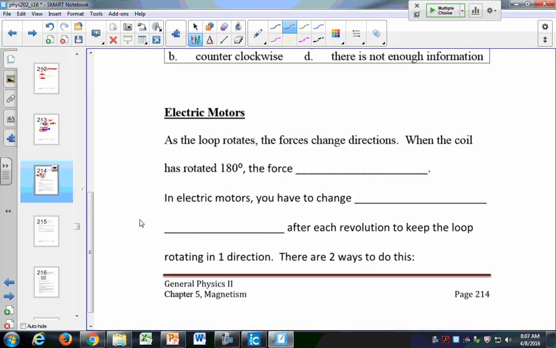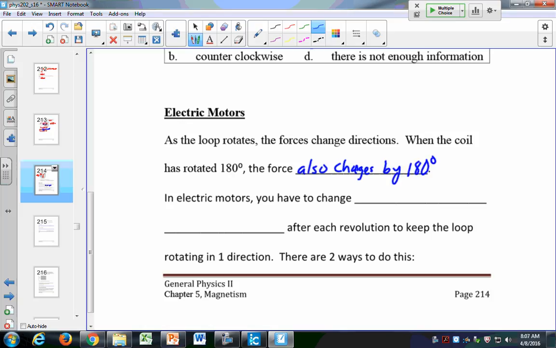So as the loop rotates, the force changes direction, and when the coil has rotated 180 degrees, the force also changes by 180 degrees. It flips.